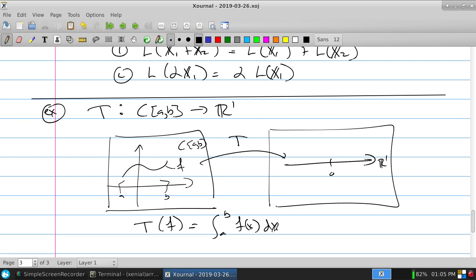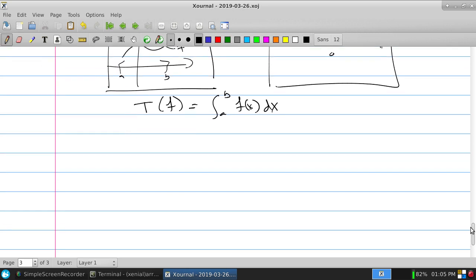Is it a linear transform? So is that rule, T of F simply equal to the area under F over AB.